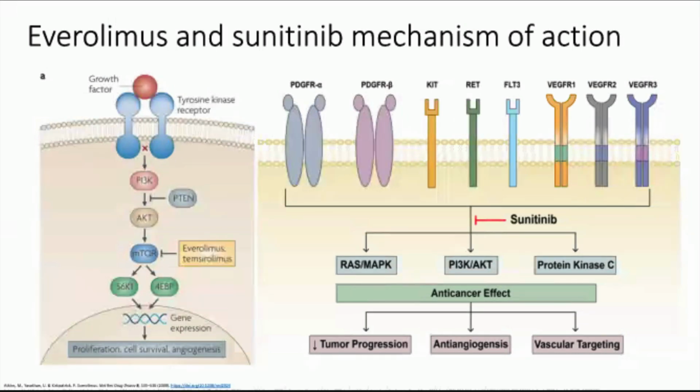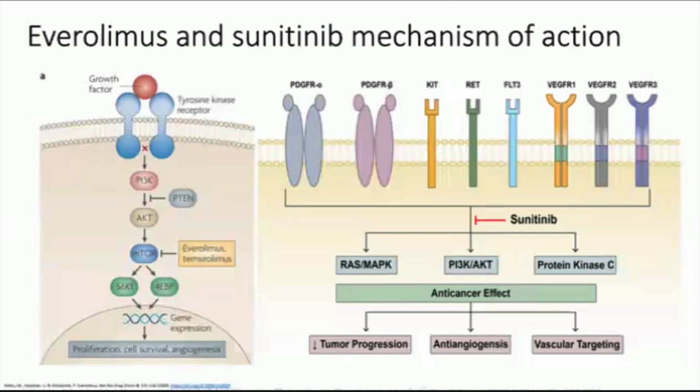And this inhibition will reduce the activity of downstream effectors that then leads to a blockage in the progression of cells from the G1 phase to the S phase. And when that happens, it'll induce cell growth arrest and, as a result, apoptosis. Everolimus will also inhibit the expression of hypoxia-inducible factor, which we know as HIF, leading to a decrease in the expression of the vascular endothelial growth factor, otherwise known as VEGF.